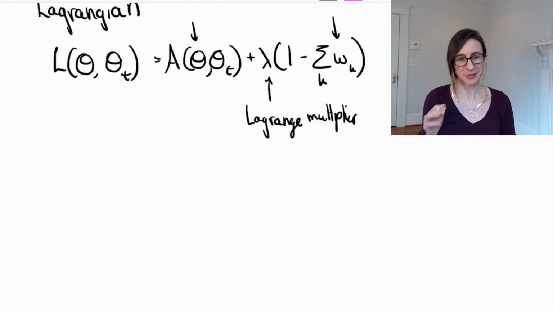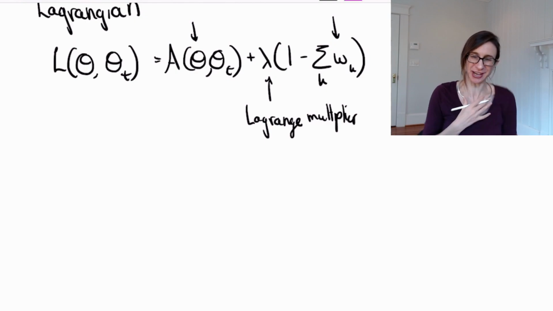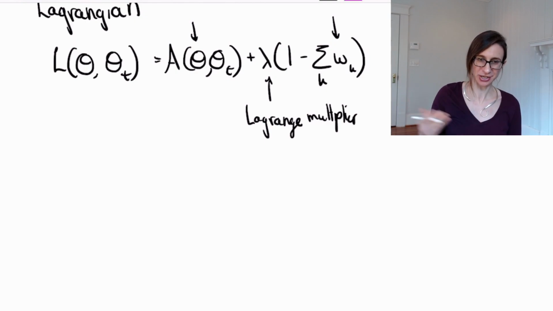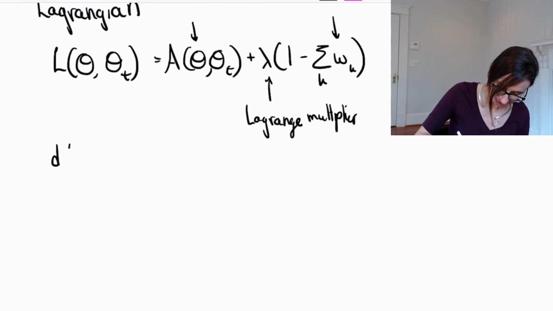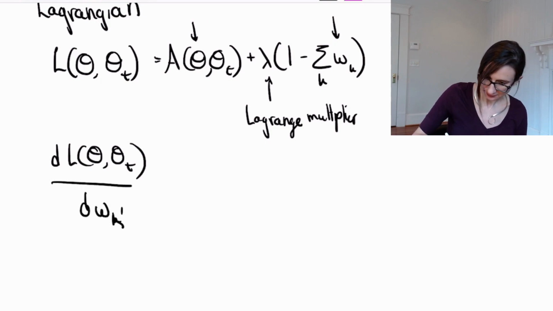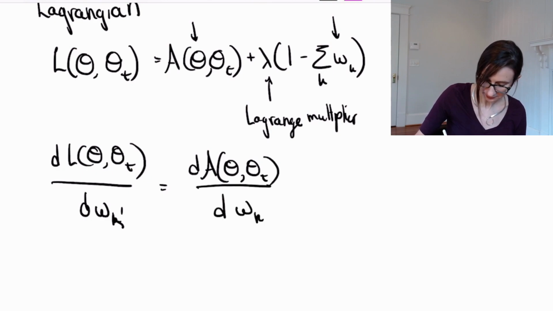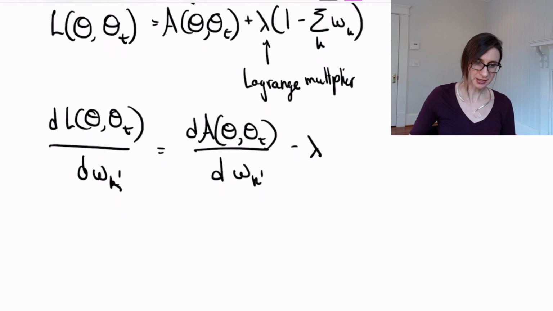I'm choosing K prime because there are sums over K everywhere, and so I just want to distinguish my special K that I'm working with from a general K that's in the sum. All right, so let's write that down. Okay, good. So now I can write down the definition of the auxiliary function on the next line.